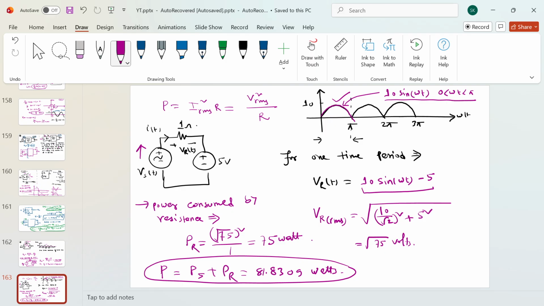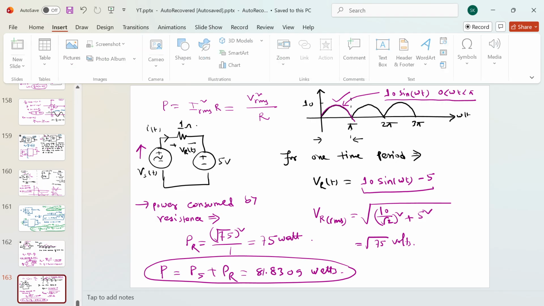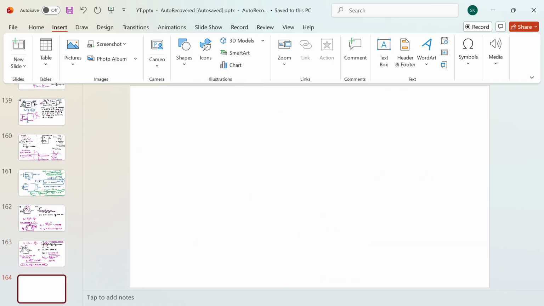In the case of resistance, why am I taking the RMS value? Maybe I can give one explanation for that.